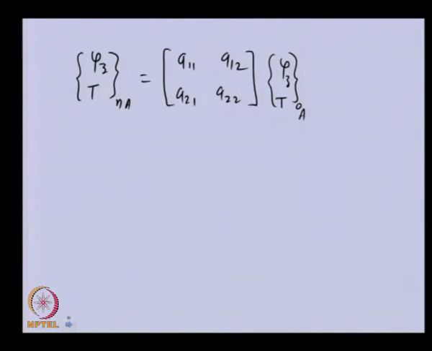So, we will set this equal to 1, and according to the boundary condition this is 0. So, you can see that if we expand this, we will get phi z at pth station of A as A11, and from the second equation T at pth station of A as A21.